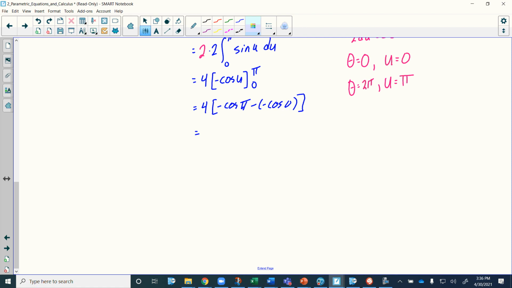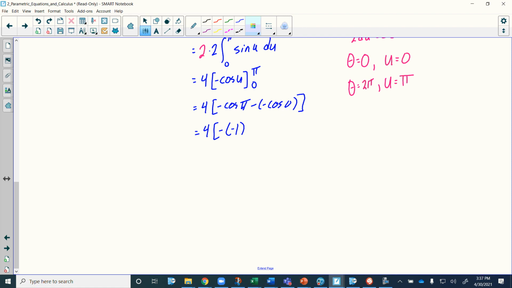And cosine of pi is going to be negative 1. So all of the stuff that's in the brackets, the negative cosine of pi, or cosine of pi on our unit circle will be negative 1.